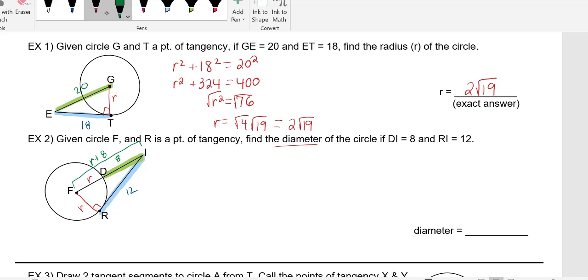Let's set up that Pythagorean theorem. We have our leg squared plus leg squared equals hypotenuse squared. We simplify this. On that right-hand side, we have to take that R plus 8 squared and rewrite it twice: R plus 8 by R plus 8.